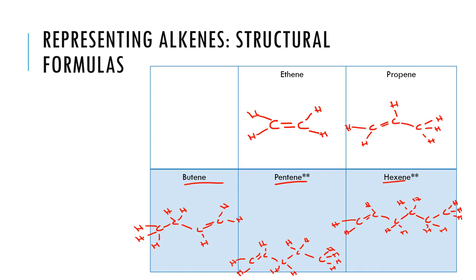That there are more ways that we can put them together that meet the general formula of CnH2n and containing one double bond, that we can put these together in multiple ways, showing different isomers.